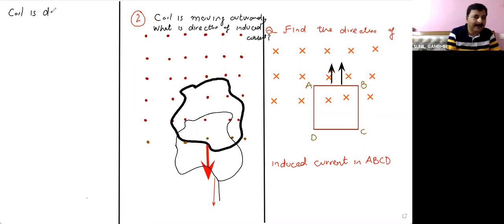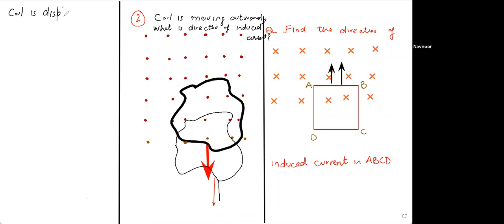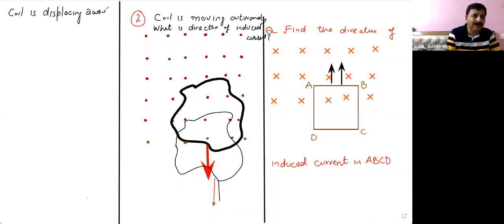The coil is displacing away from the outward magnetic flux.